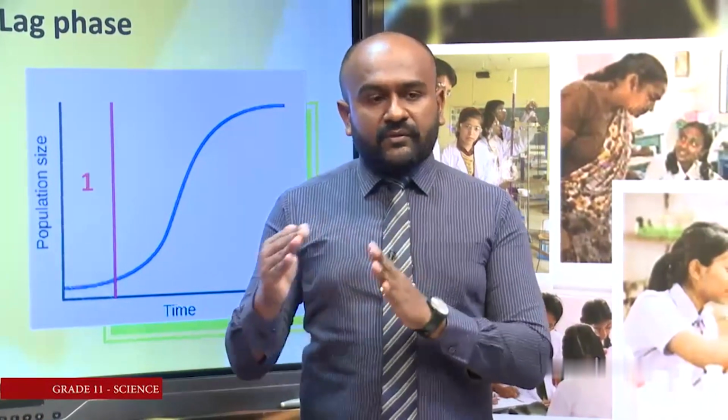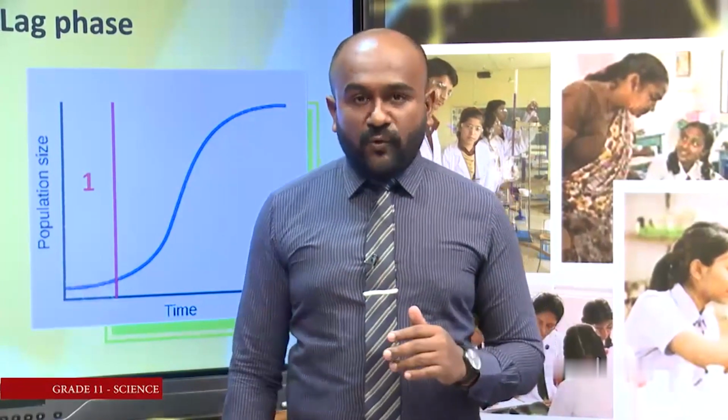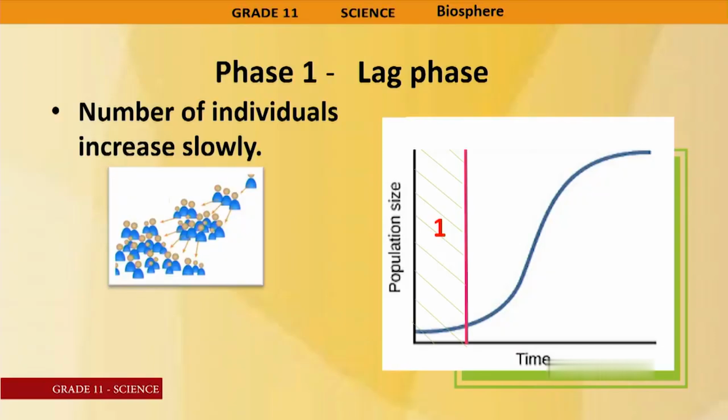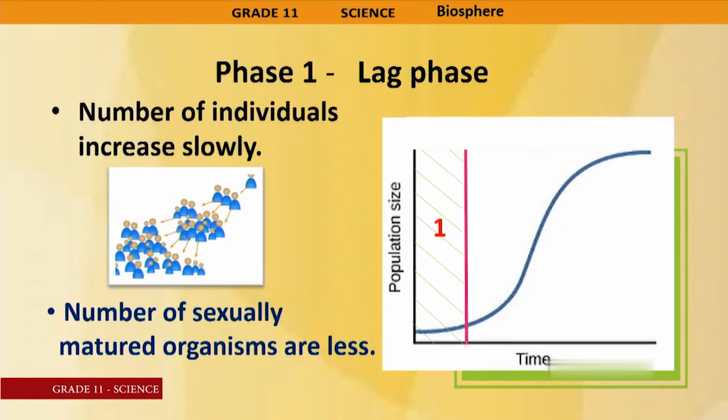So, the growth rate is a bit slow. That is what we see in the lag phase. The number of individuals increases slowly, and the number of sexually mature organisms is low. These are the reasons for the slow growth rate that we observe in the lag phase.